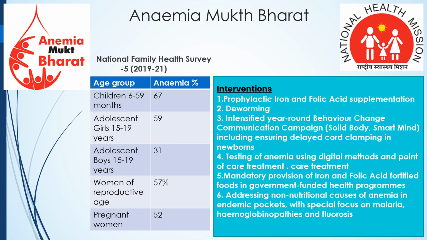So again, the National Health Mission and Anaemia Mukt Bharat together came up with interventions of prophylactic iron and folic acid supplementation, along with deworming tablets, and an intensified year-round behavior change communication campaign, with the slogan solid body smart mind, including ensuring delayed cord clamping in the newborn, testing for anemia, and mandatory provision of iron and folic acid fortified foods, which are distributed free of cost in all public health centers.